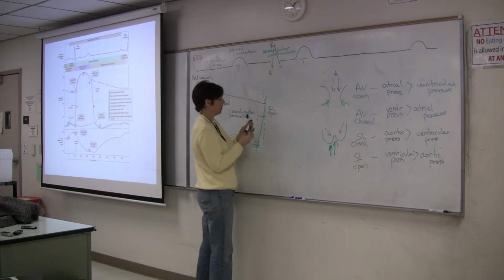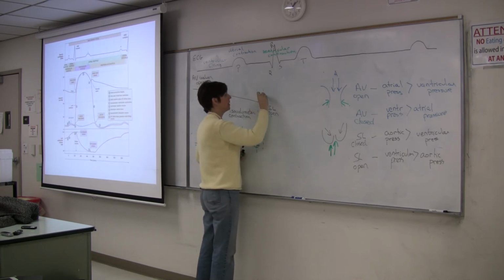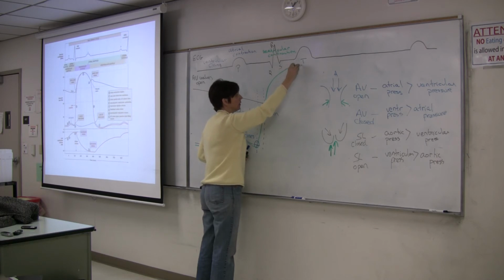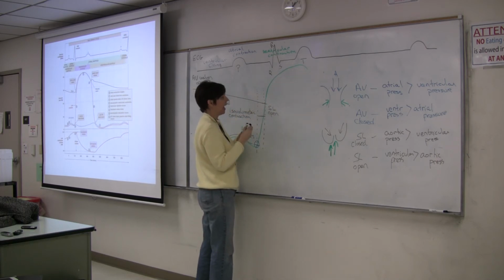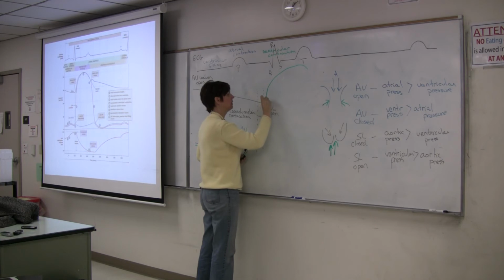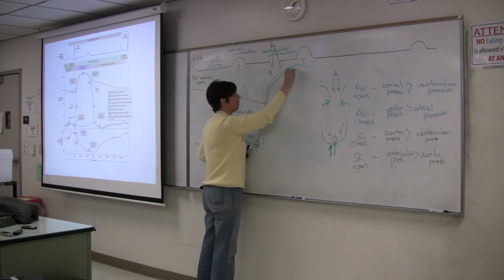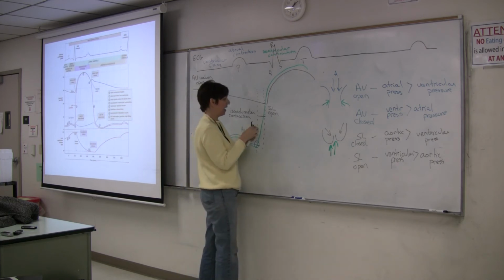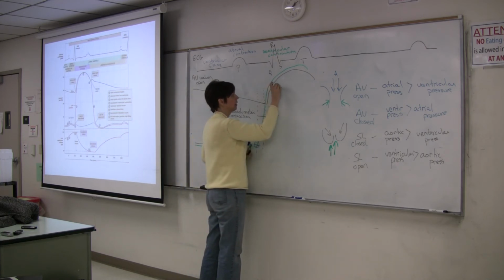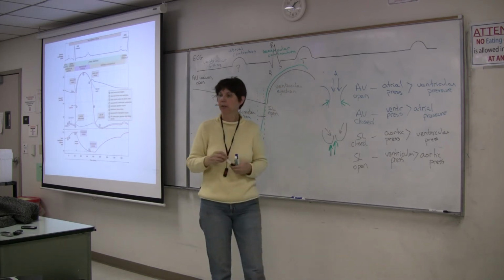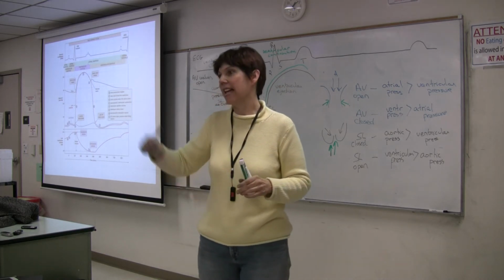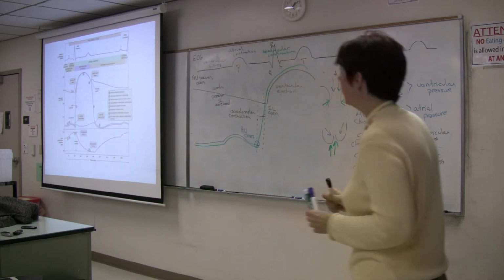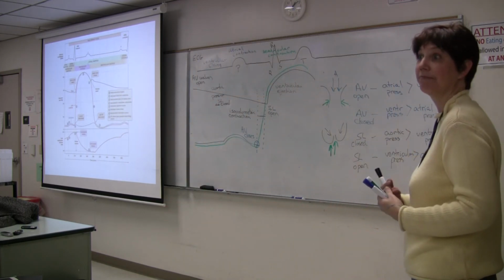So as that occurs, ventricular pressure is still rising, and aortic pressure rises as well because more blood is going into the aorta. As long as the semilunar valves are open, we have ventricular ejection. As long as the atrioventricular valves were open, we had ventricular filling.